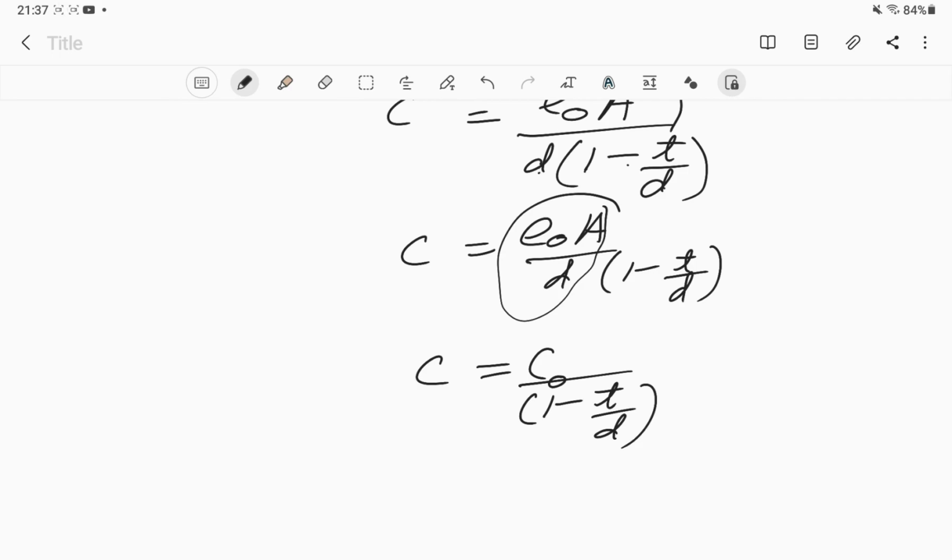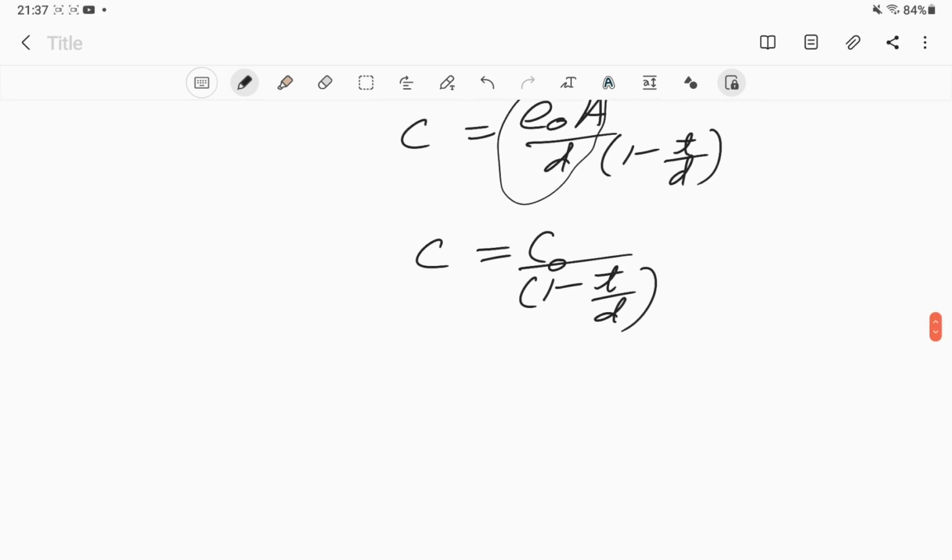If the conducting slab fully covers the entire space between plate A and B, then we will have T equal to D, right?